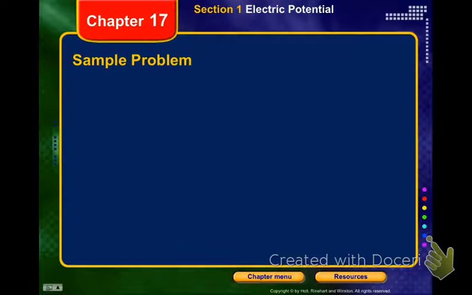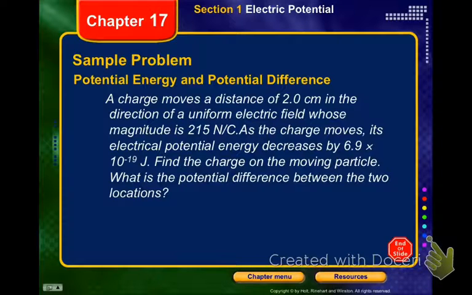So if it says find the charge, we are definitely looking for what symbol. That is going to be Q. We're looking for Q when it says find the charge, and we are also looking for potential difference, which is delta V. So both of those are going to be question marks for us.